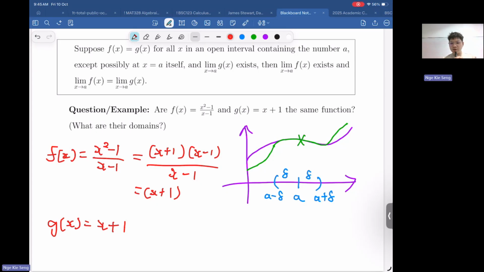Oh, interestingly, GeoGebra thinks that they are the same. Let me check first. Okay, this GeoGebra thinks that they are the same, but actually they are not.